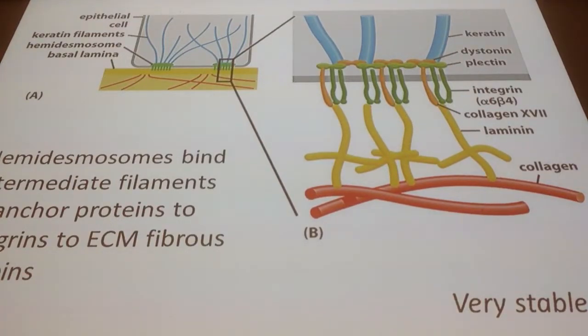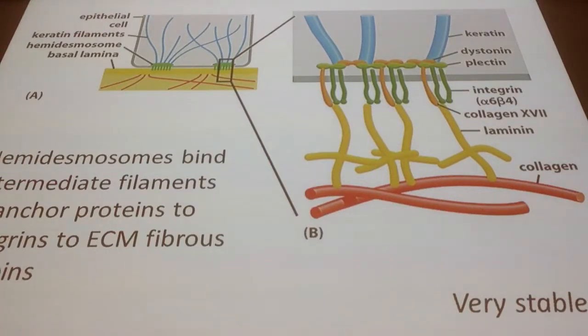Remember when we talked about epithelia, that an epithelium is always going to anchor onto a what? A basal lamina, right? So epithelial cells within an epithelium anchor onto the basal lamina. That's done through a hemidesmosome.